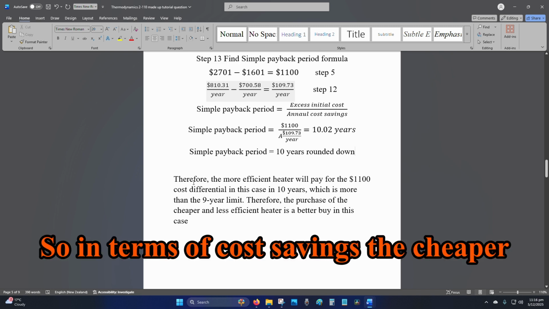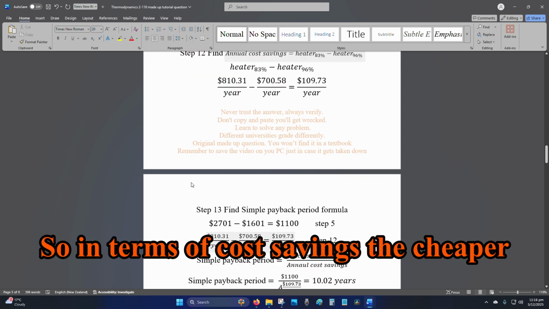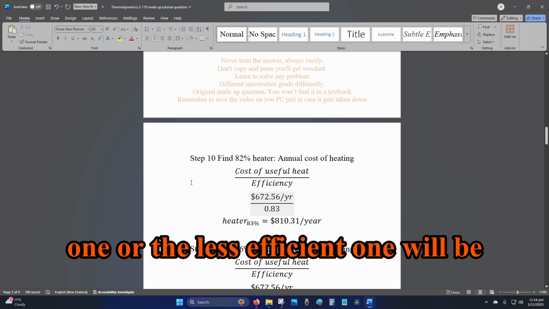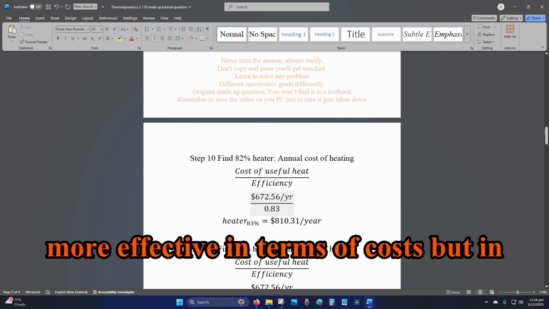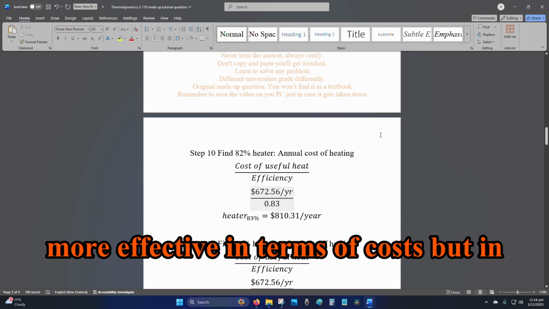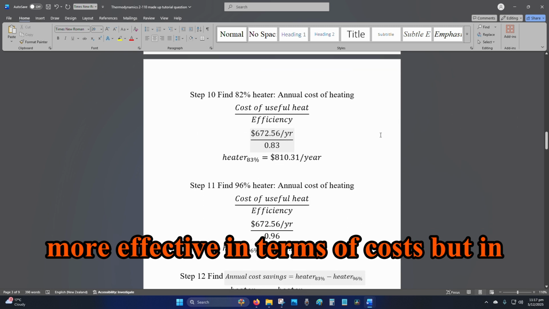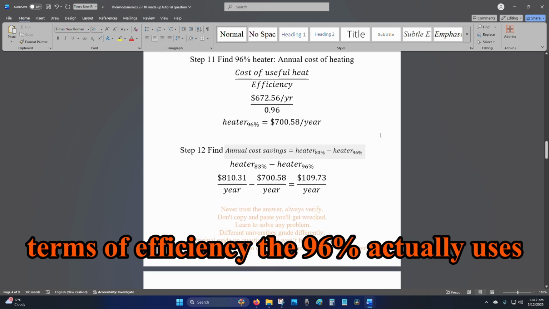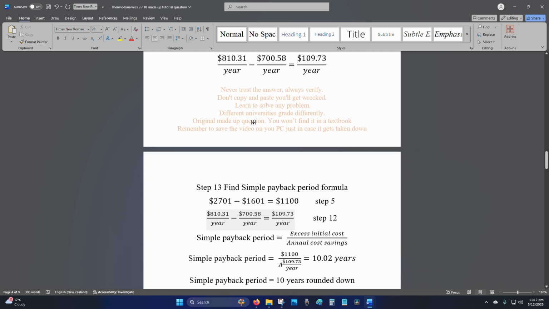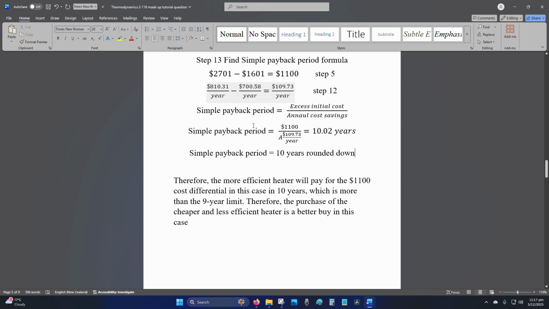So, in terms of cost savings, the cheaper one or the less efficient one will be more effective in terms of costs, but in terms of efficiency, the 96% actually uses more over that period.